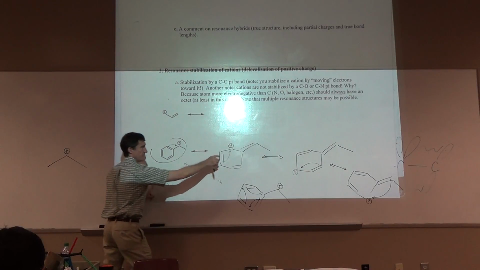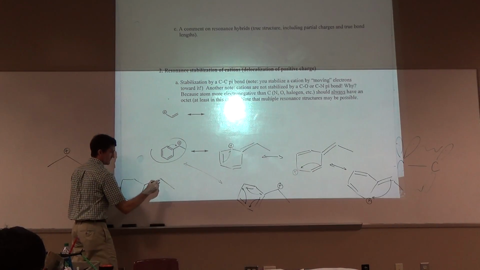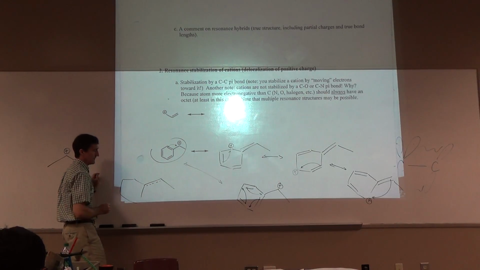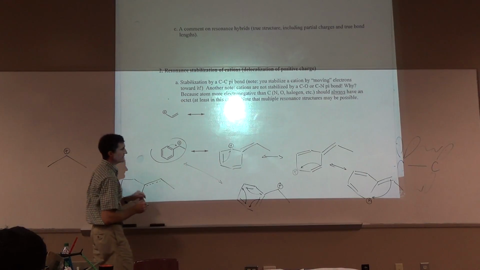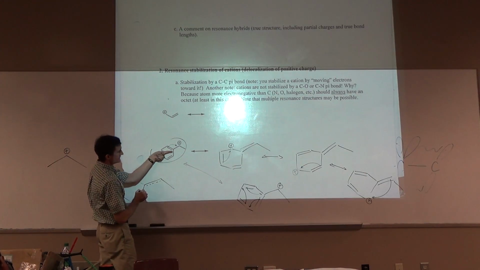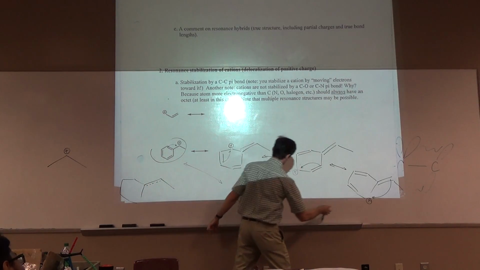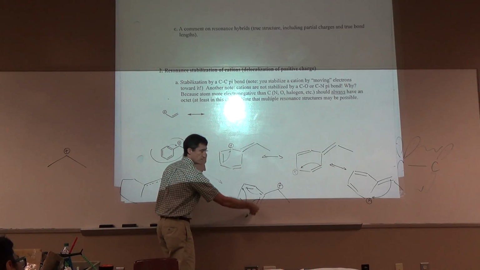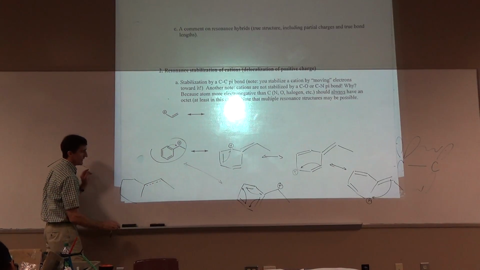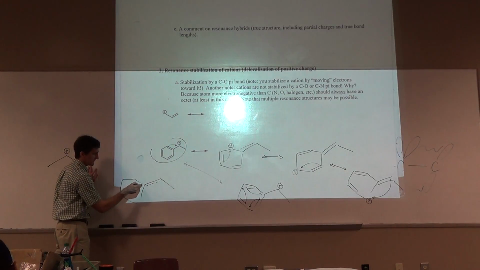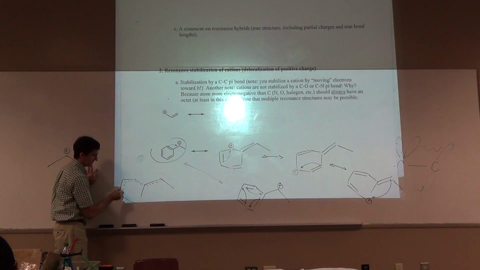It's got some double bond character. And it's between. And actually, it's the same thing all the way around. Single bond here, single, single, double. Actually, if you look all around, it's like this all the way around.